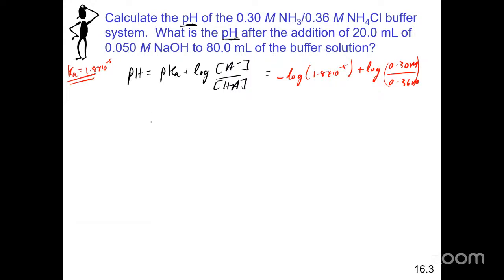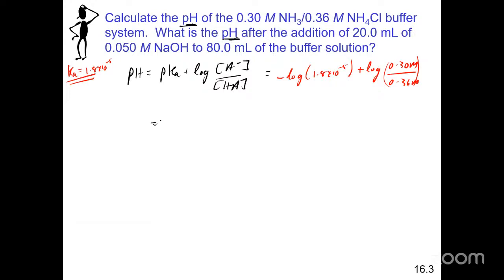And now we need to do the number crunching. So I'm going to work out what's within the parentheses, 0.3 divided by 0.36, and then I find the log of that. And then I add to that minus log of 1.8 times 10 to the minus 5.